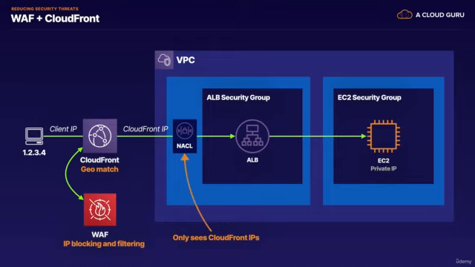So blocking your bad actor's IP in a NACL when sitting behind a CloudFront distribution will be ineffective. In these cases, you want to attach a WAF to your CloudFront distribution and use the IP blocking and filtering options. Additionally, if you find that you're getting abuse from a particular country, you can use CloudFront's GeoMatch feature to block that country's traffic altogether.